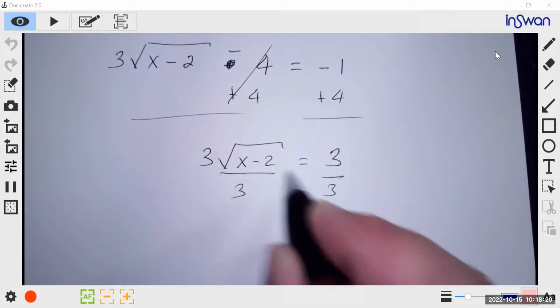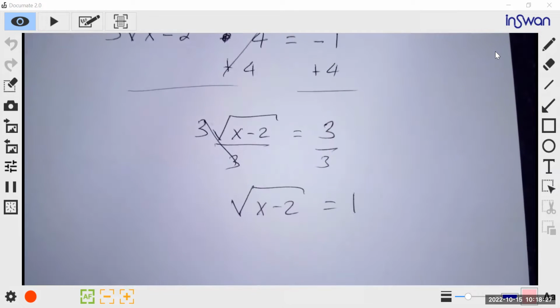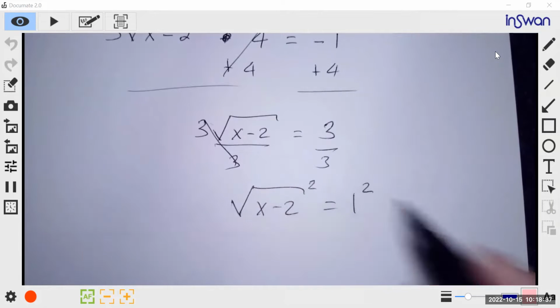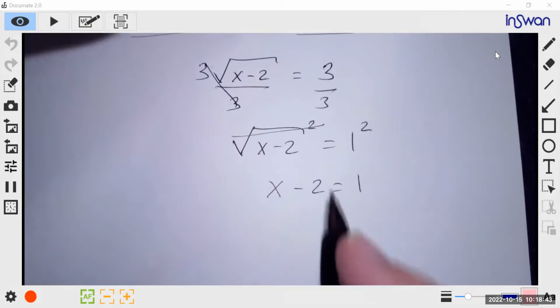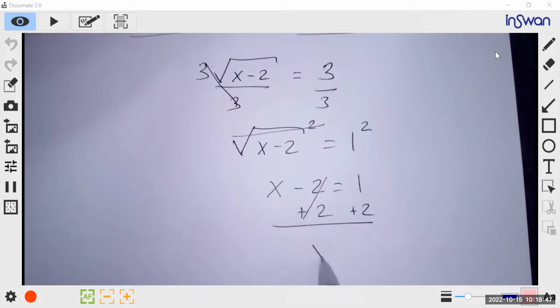Divide both sides by 3. Square and square root cancel. 1 squared is 1. Add 2 to both sides. X is equal to 3.